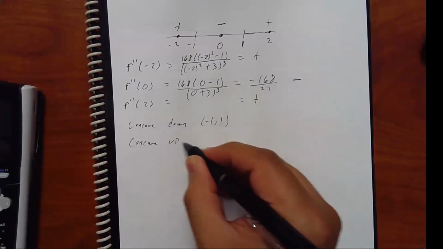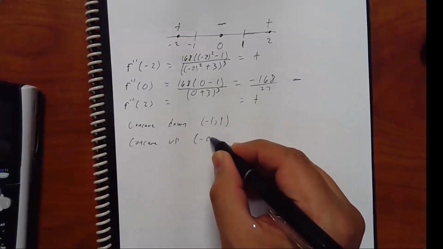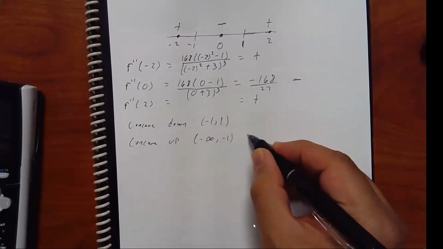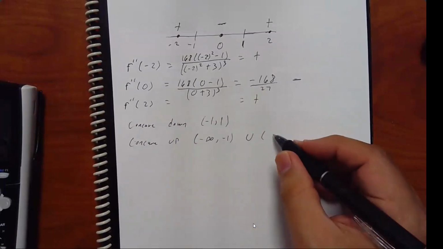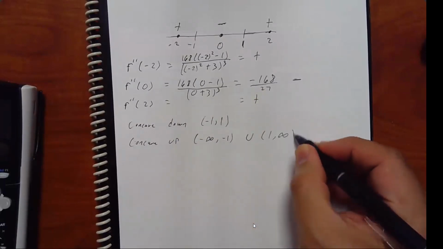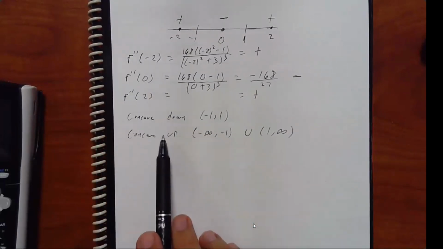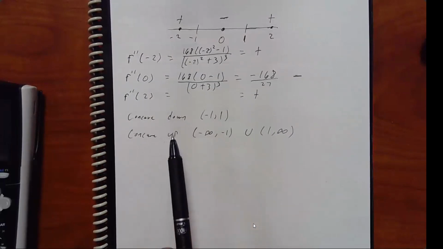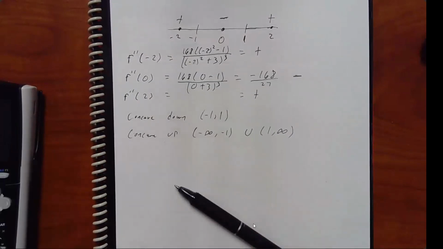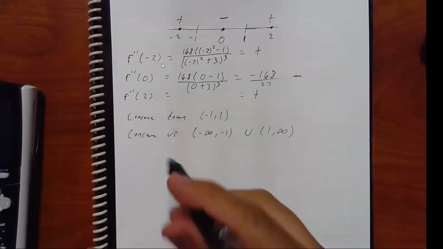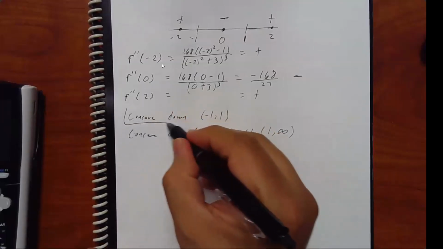Concave up from -infinity to -1 and 1 to infinity. So very similar to increasing and decreasing, but since we're using the second derivative, we find out about concavity instead of increasing. That's the only answer for this.